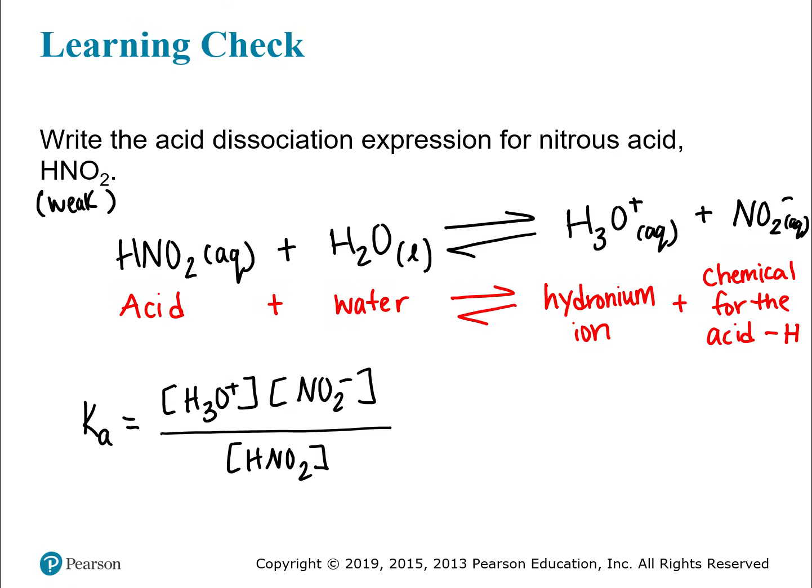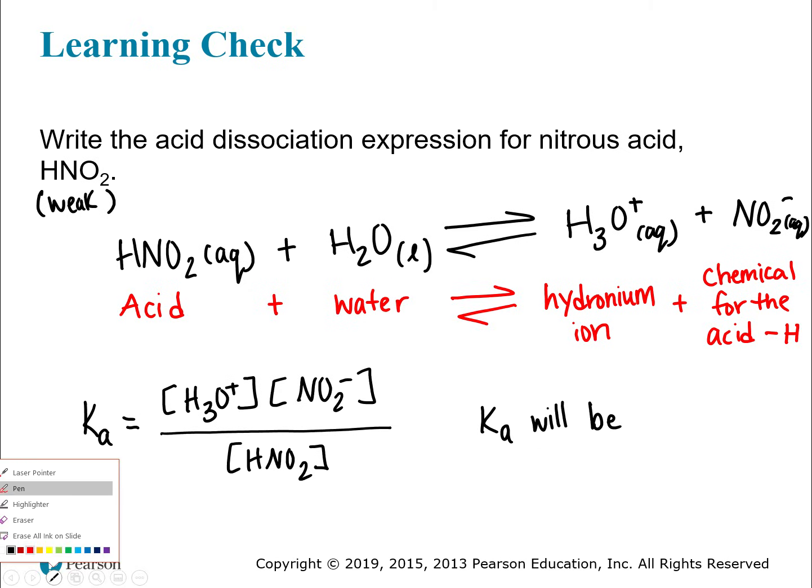Okay, so the Ka for this, since it's a weak acid, will be small. That wasn't a part of the question, but I just wanted you to think about it, because you'll need to do that for your homework and for the exam to make those relationships.